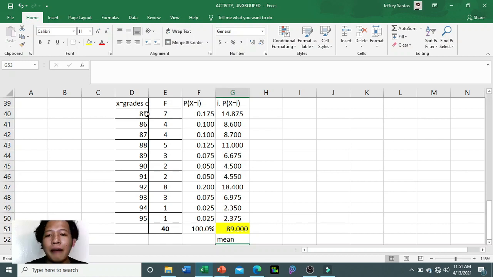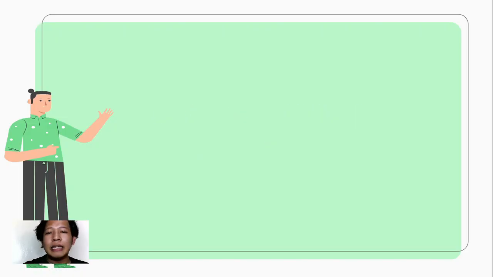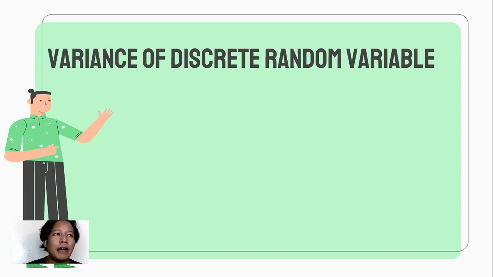Now, how are we going to compute for the variance of the discrete random variable? The variance is the sum of the squared differences from the mean.